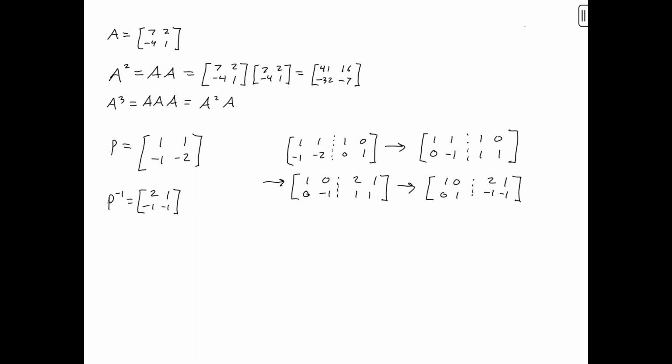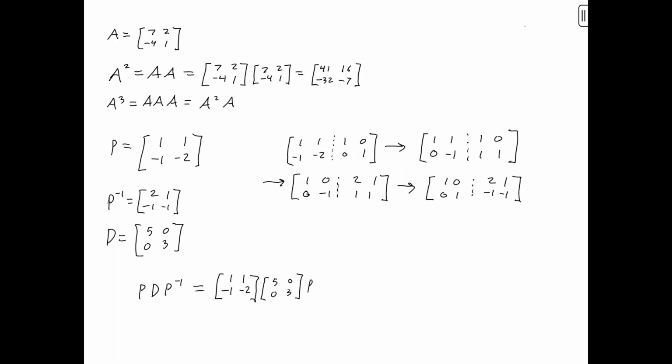And I care about P and P inverse because it just so happens that if I take this matrix P and I take another matrix that I call D, which is a very nice matrix, the diagonal matrix [5, 0; 0, 3], and I take P times D times P inverse, well, P times D is going to be [1, 1; -1, -2] times [5, 0; 0, 3].